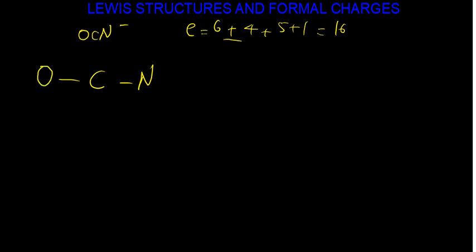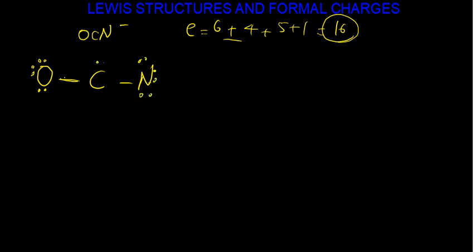Now, how are these electrons going to be distributed? Of course, we can have this bond, but are we going to have a stable structure? If this is a single bond, it means oxygen lacks 6 more electrons to have a balanced octet. This one also lacks 6 more to have a balanced octet.